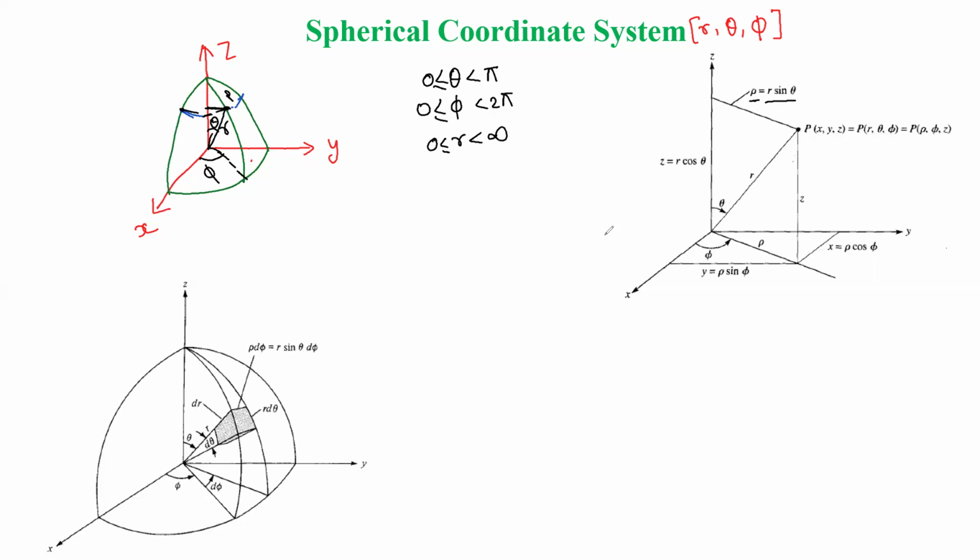So now if you see the discussion part here about this differential, what is the value? We have differential length, differential area, and differential volume that we can find in this case.